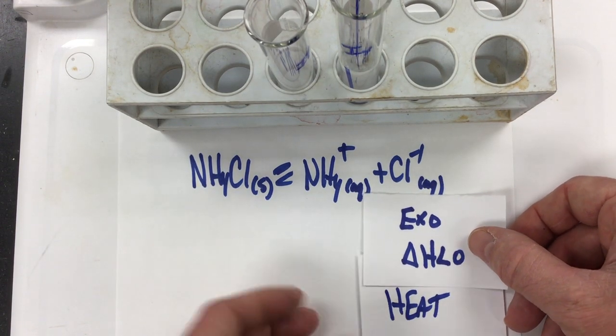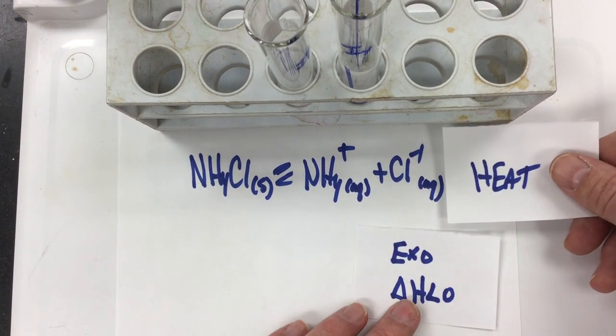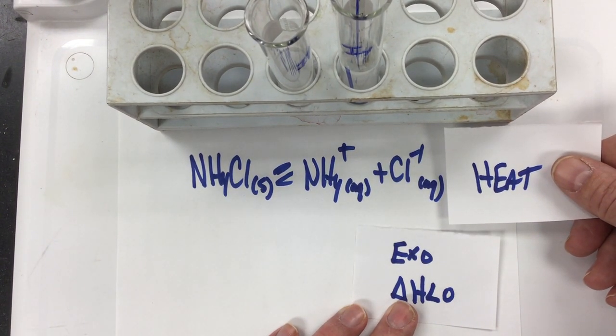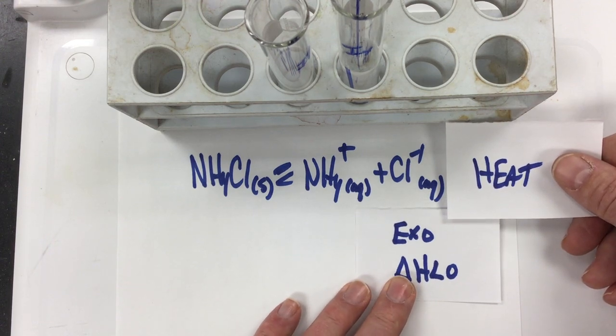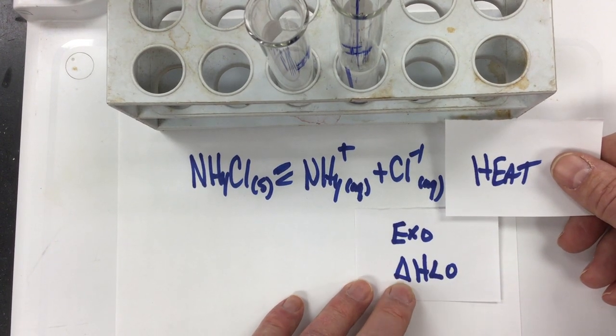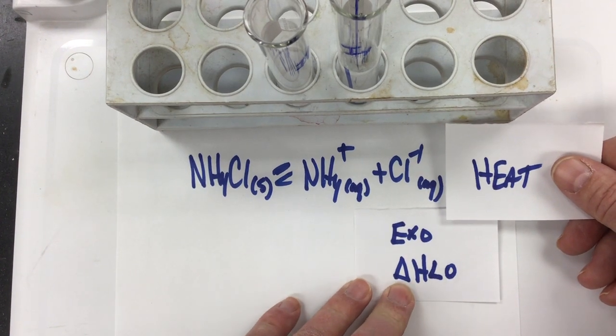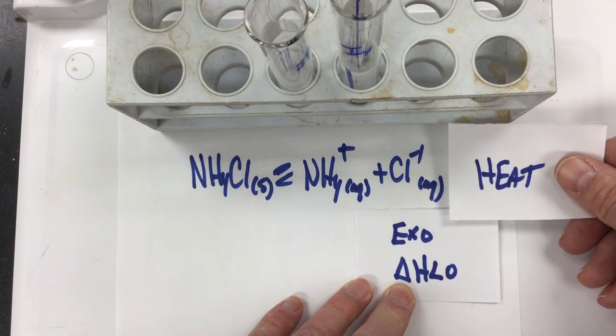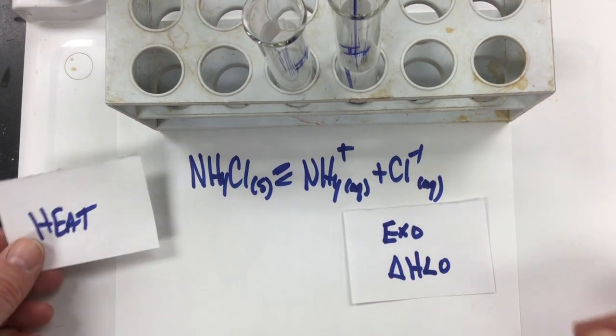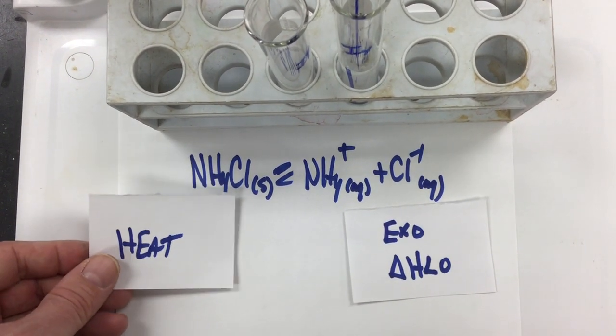If it is exothermic, then heat is going to be a product over here. It's going to give off heat, and it will therefore get warm as the water absorbs it. So delta H is less than 0. Heat will be given off, exo, and it'll get warm. Heat's a product over here. Or it's going to get cold, which means that it needs heat to do this.